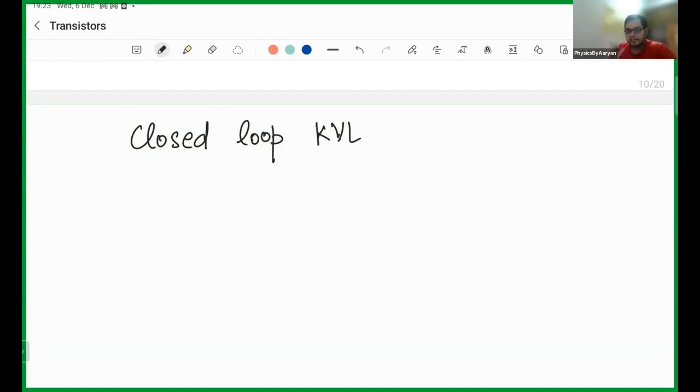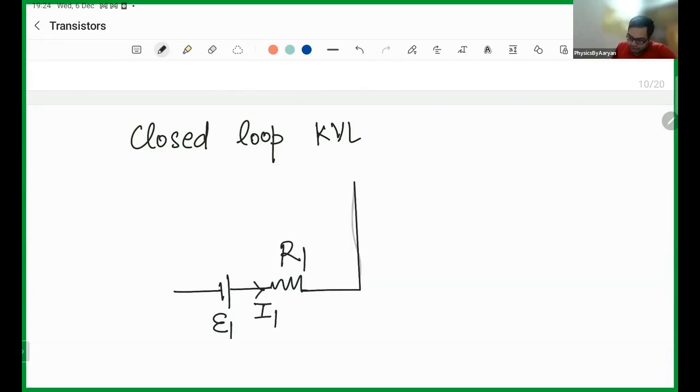Let's say you have a closed loop. Your loop starts from here. Let's say you get a negative battery, a battery whose EMF is E1. Then you get a resistor. The value of the resistor is R1 and the current through the resistor is, let's say, I. Then your loop turns and you have another battery here. This time you have the positive terminal of the battery.